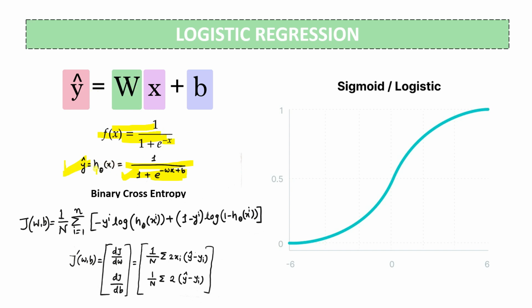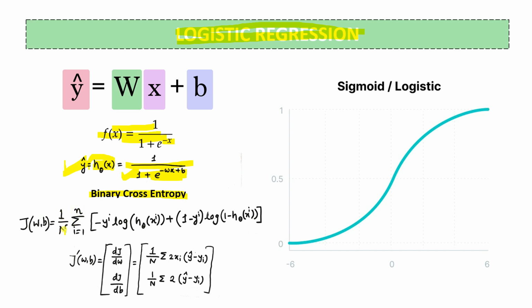Now I'm going to initialize this as a formula called h theta x, so that we don't need to write it out again, just giving it a symbol. So in the case of logistic regression, we use a formula for calculating the error called the binary cross entropy. This is the formula for the binary cross entropy.